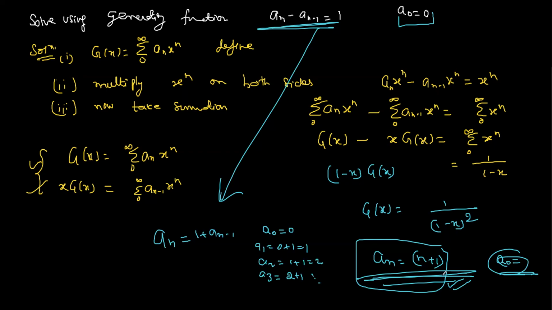We will do one more question. Solve using the generating function. a0 is 1. n is greater than or equal to 1.